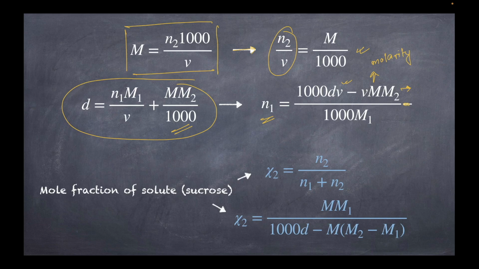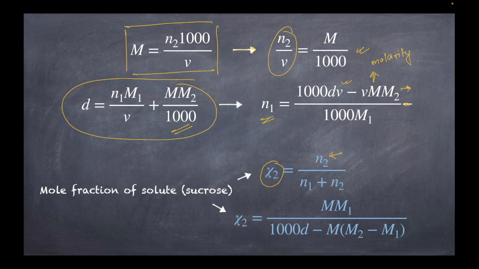So the mole fraction of the solute, that means sucrose in our case, let's say it is x2. So the expression of x2 is the number of moles of sucrose present in our solution, that means N2, divided by total number of moles. So total N1 number of moles of water is there and N2 number of moles of sucrose is there, so N1 plus N2.